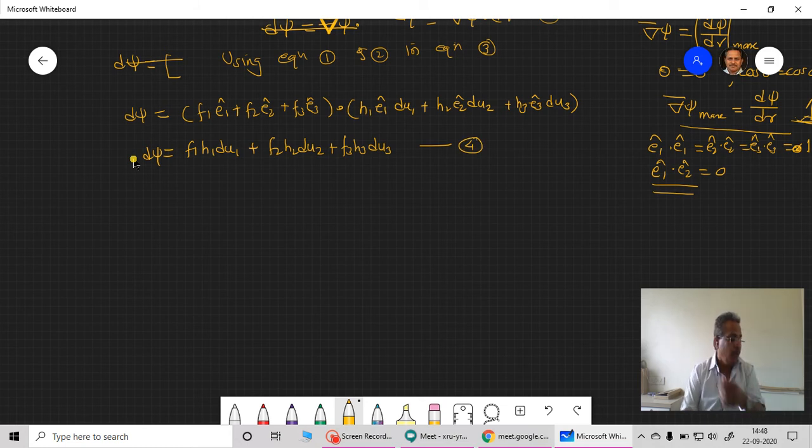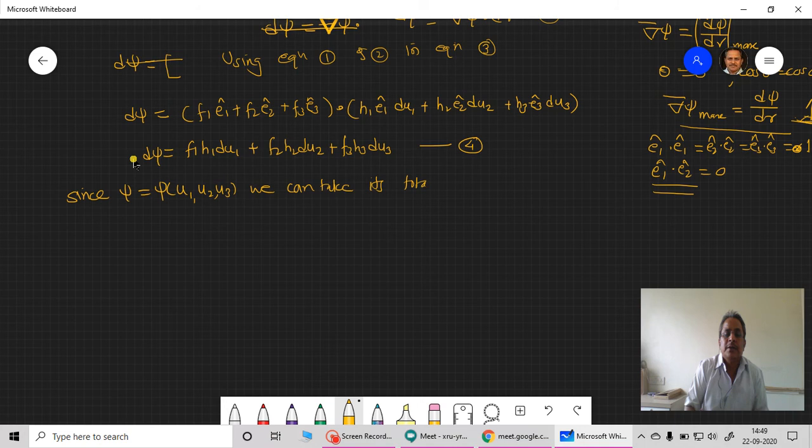Equation number 4. And look here again, since psi is a function of u1, u2 and u3, we can take its total differential. We have already written this, we are repeating it here.